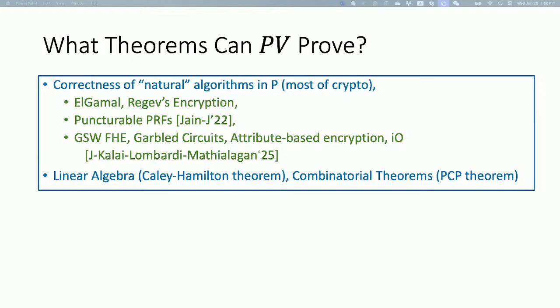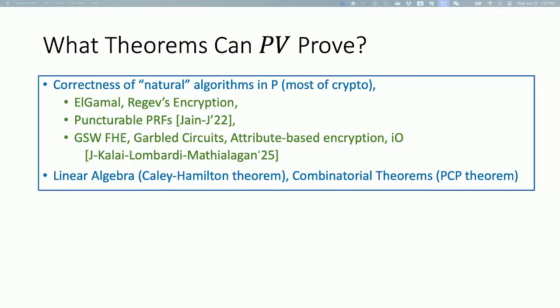This already includes most of the cryptographic algorithms. For example, the correctness of ElGamal encryption and the correctness of RSA encryption can be formalized in PV. And in our work, we further show that the correctness of puncturable PRF can be proven in this logical system. Puncturable PRF is very common in the applications of iO.